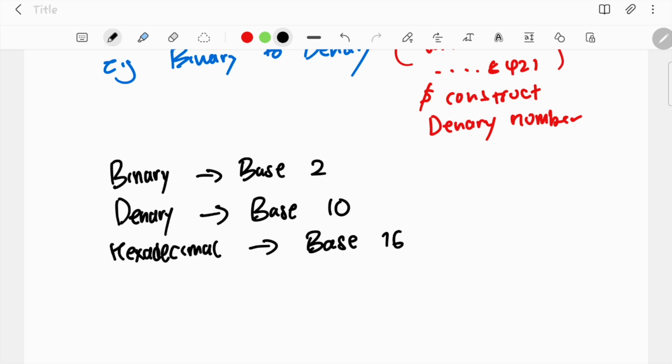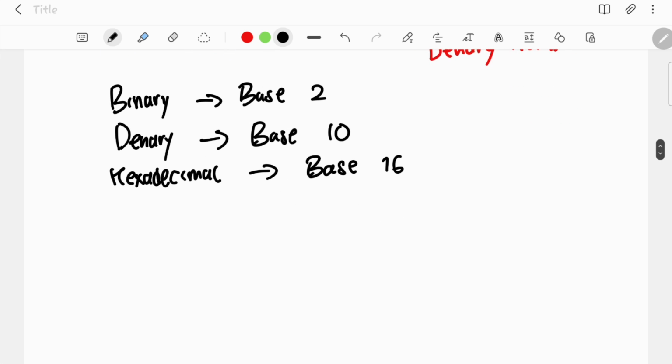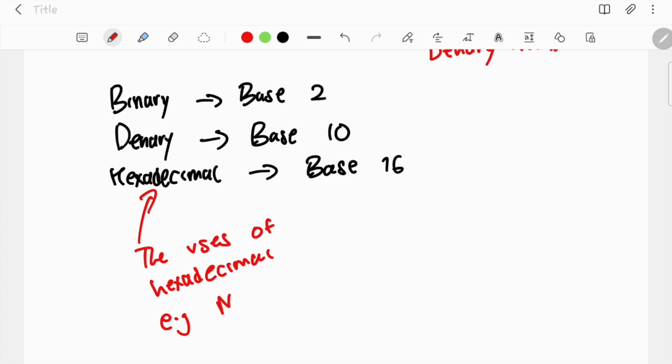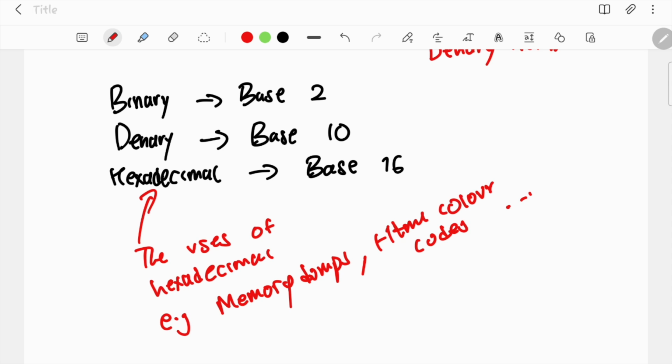I'm hoping that you already know all of this stuff. Now for hexadecimal, you need to know the uses of hexadecimal. I'm going to give examples: we have memory dumps, we have HTML color codes, and so on and so forth.